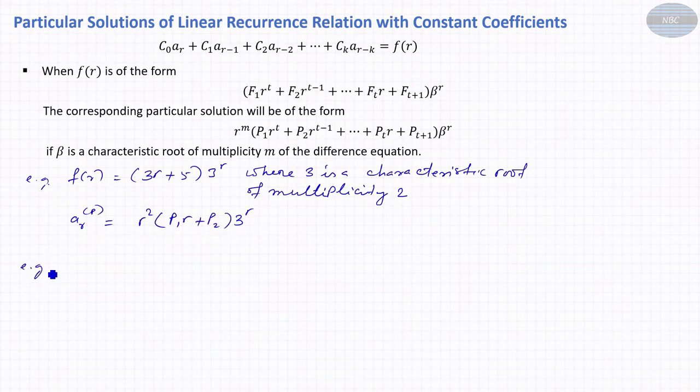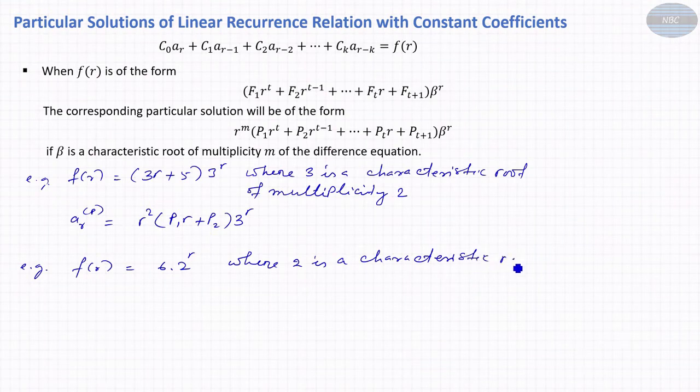Come to another example. Suppose f(r) is of the form 6 into 2 to the power r, where 2 is a characteristic root of multiplicity, suppose, 3.